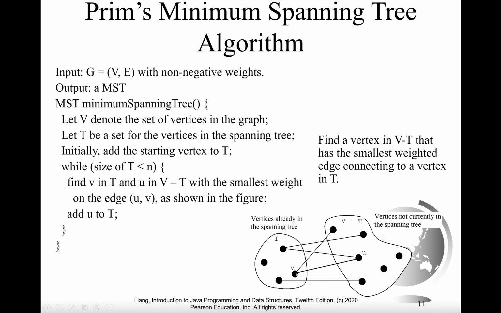So let's see how we find this. u is the smallest one, so we're going to bring u here. So this edge, uv, is the smallest, so we're going to bring the vertex u here. That's the algorithm. It's a very simple algorithm. It's a greedy algorithm, so we always find the best and bring it in.